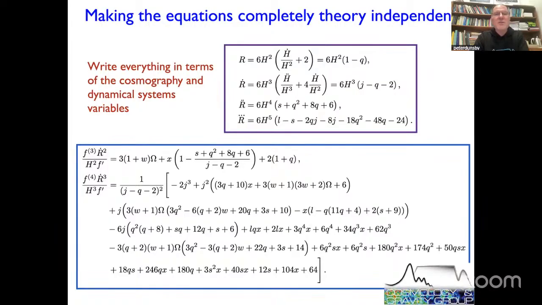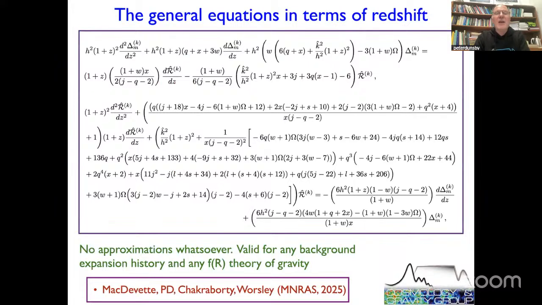variables, and we can do this by calculating all the terms in terms of cosmography, which we've done, which you can do for the Ricci scalar and its derivatives, and also f and its derivatives. And then write down, starting with the full set of equations, the full general nonlinear fourth order set of equations, and then progressively go and look at the different approximations.